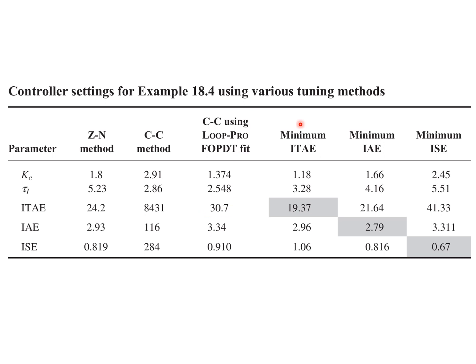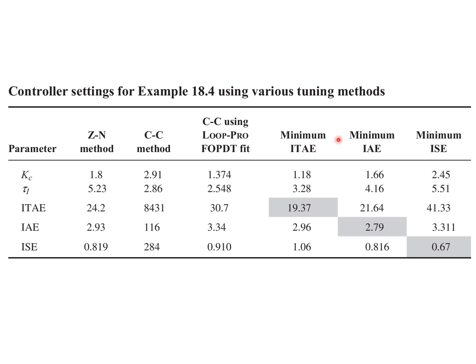And as I said last Tuesday, when somebody asked me the question, if you do not tune it using these methods, you can use the ITAE, IAE, or ISE criteria to minimize that value and find what parameter tunings will minimize those values.